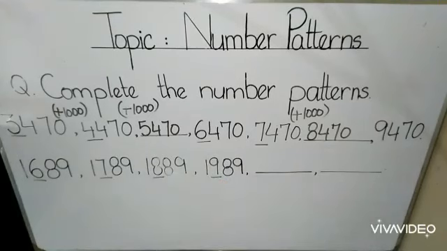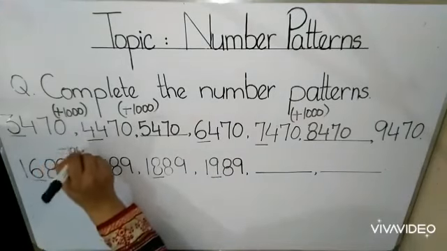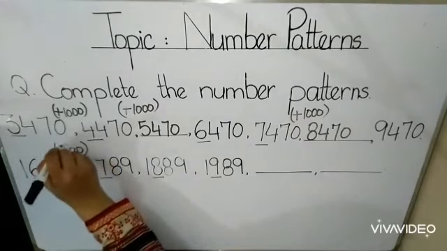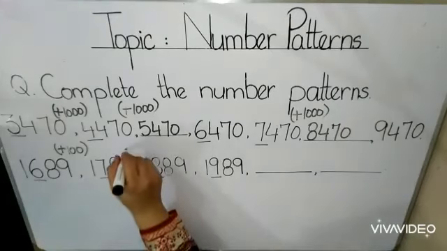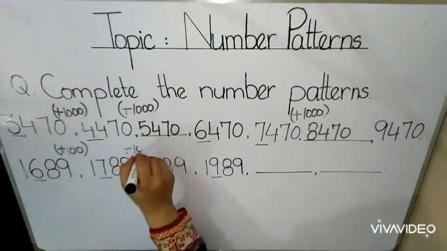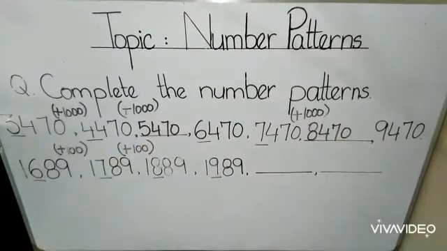It tells us that this number pattern is increasing by 100. If we add 100, we can easily get the next number. Here also, 1789 and 1889. There is a difference of 100 between these two numbers.